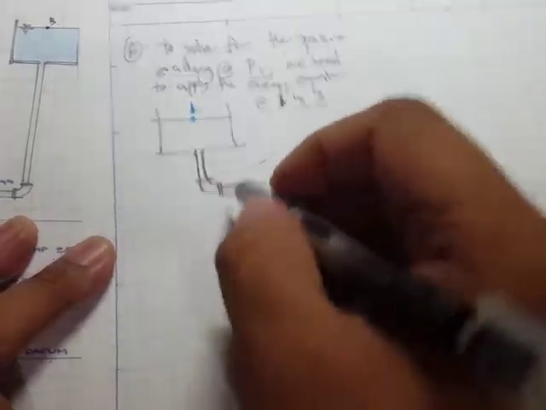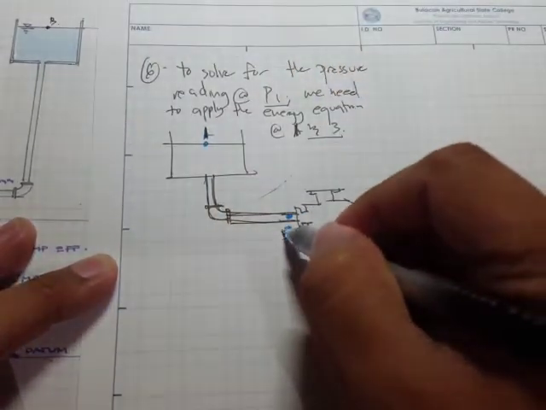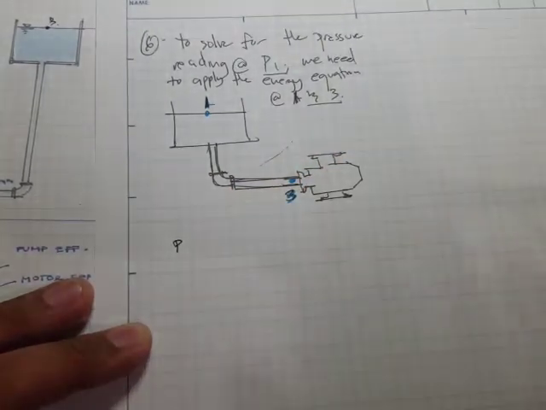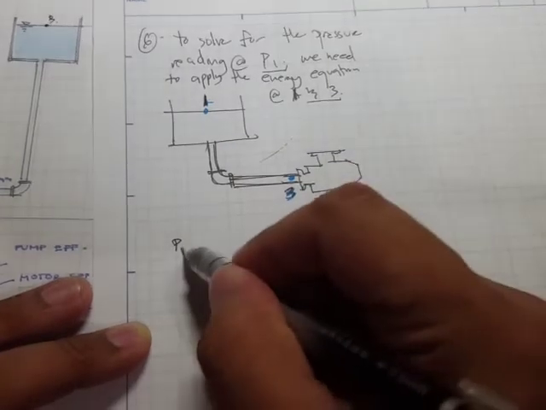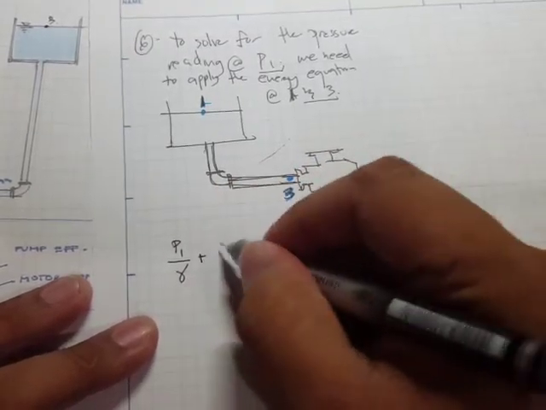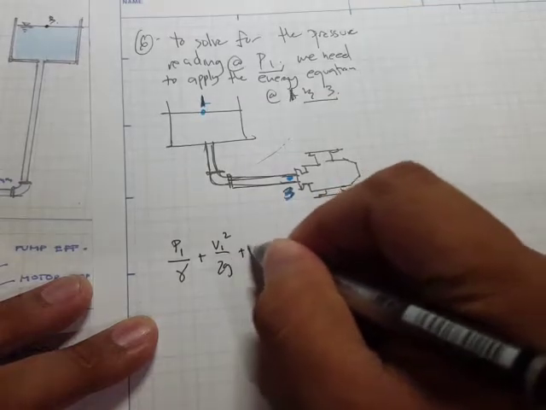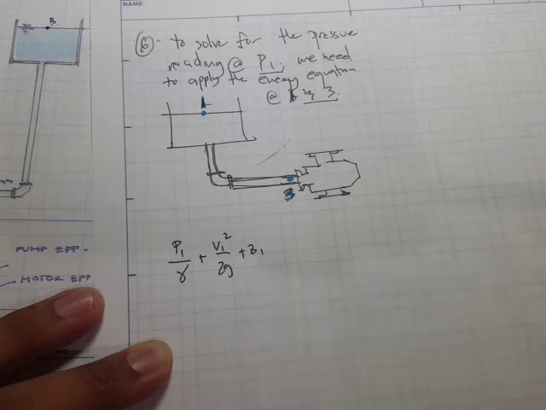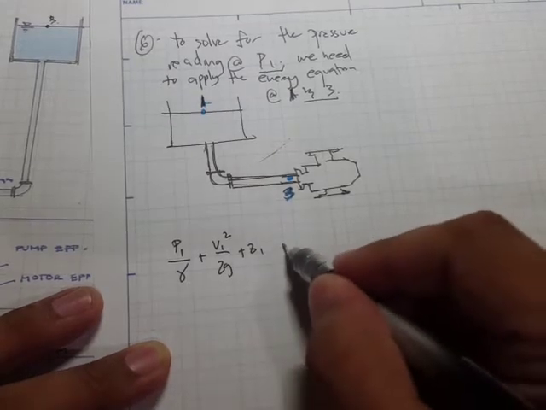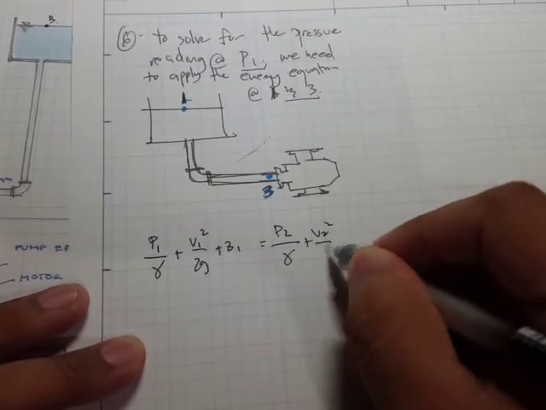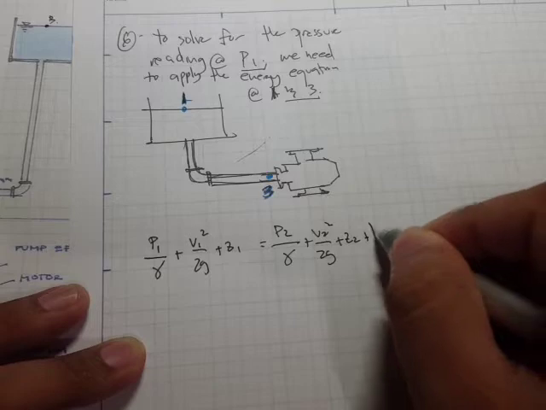Okay, so let's do that. Take note, this is point 1, this is point 3. So P1 over the unit weight plus V1 squared over 2g plus Z1 is equal to P2 over the unit weight plus V2 squared over 2g plus Z2 plus the head loss.